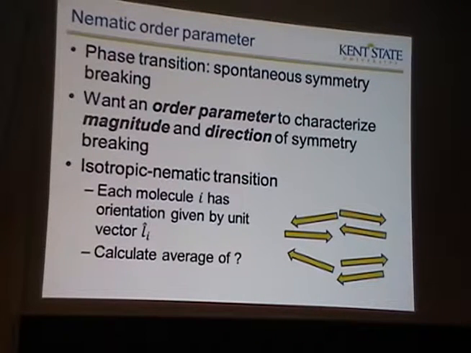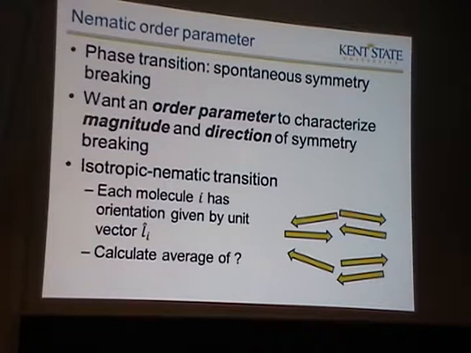There's one special axis, which is the director. And so that is a case of spontaneous symmetry breaking, sort of analogous to the paramagnetic to ferromagnetic transition in solid-state physics.